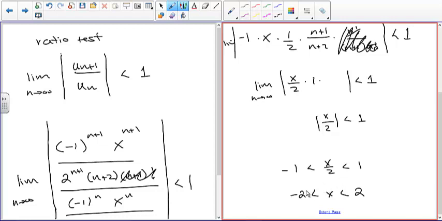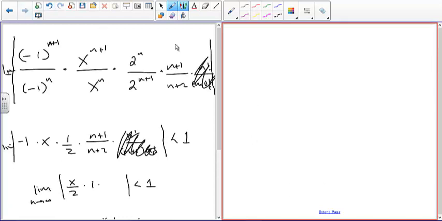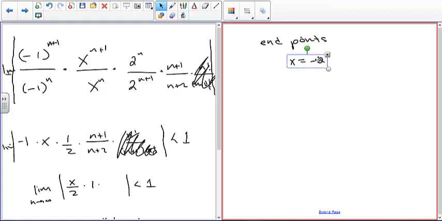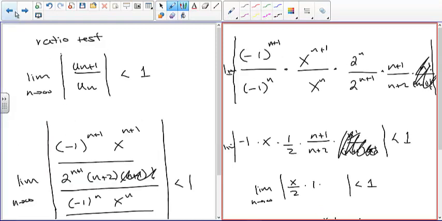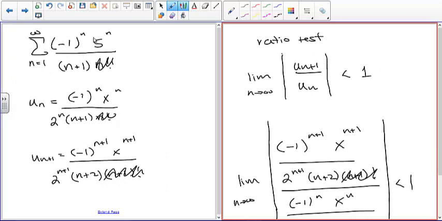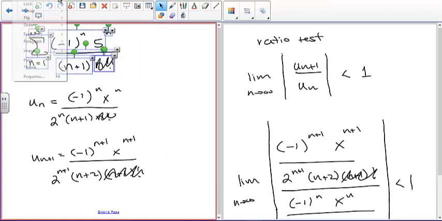Then you'd have to evaluate the endpoints. And the endpoints are x equals -2 and x equals +2. So you plug those into your original expression, which is this thing. So let's just grab that and bring it.